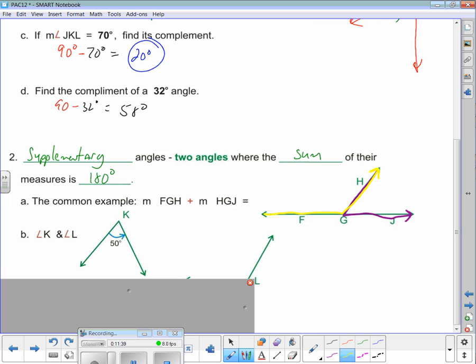Don't the two of them together have to equal the whole 180 degrees? Because the two of them together make up that big angle. So again, if this one would be 50, then this one would have to be 130. It has to be, because the two of them make that straight angle. That's the common example. You know they're supplementary because of that straight angle.